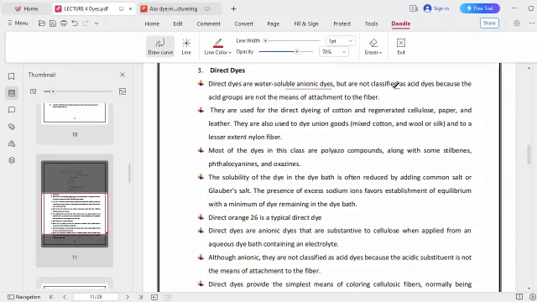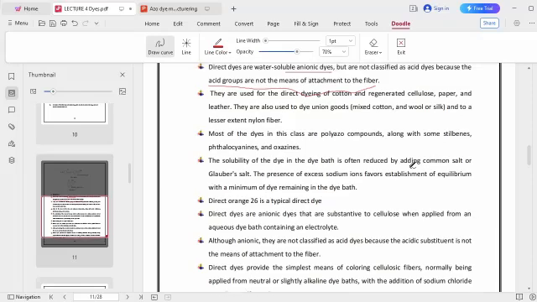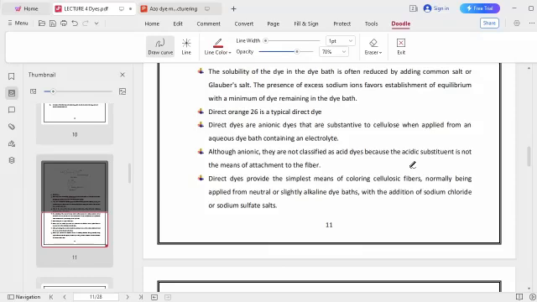The difference is that whilst the acid dyes use the acidic group to connect with the fiber, the direct dyes do not use acidic groups as a means of attachment to the fiber. That is the difference between acid dyes and direct dyes. They don't use their acidic groups to connect to the fiber. That's the difference. Okay.